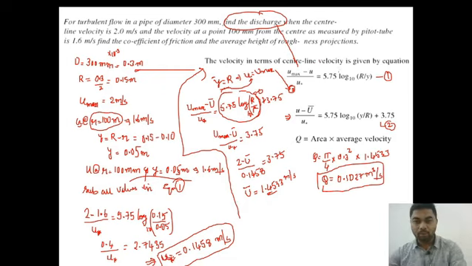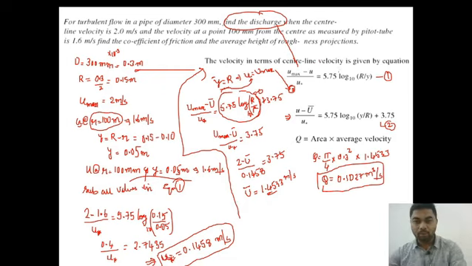And our shear velocity is 0.148 meter per second, which you calculated in the last slide. Look at the two boxes, shear velocity and average velocity.